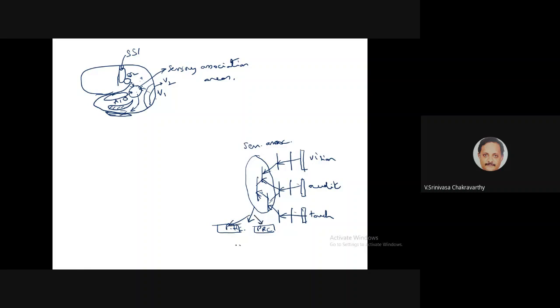From there, it goes to one cortical area called the entorhinal cortex, which is located here. From here onwards, the fibers go deep into the body of the temporal lobe, into the hippocampal circuit. So from here, it goes to the hippocampus. Even within the hippocampus, there's lots of circuitry. And from the hippocampus, the connections come back to EC.